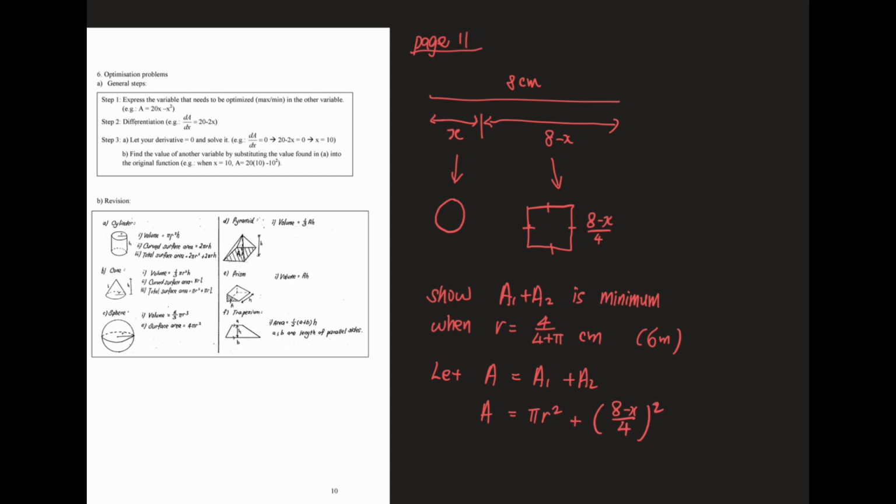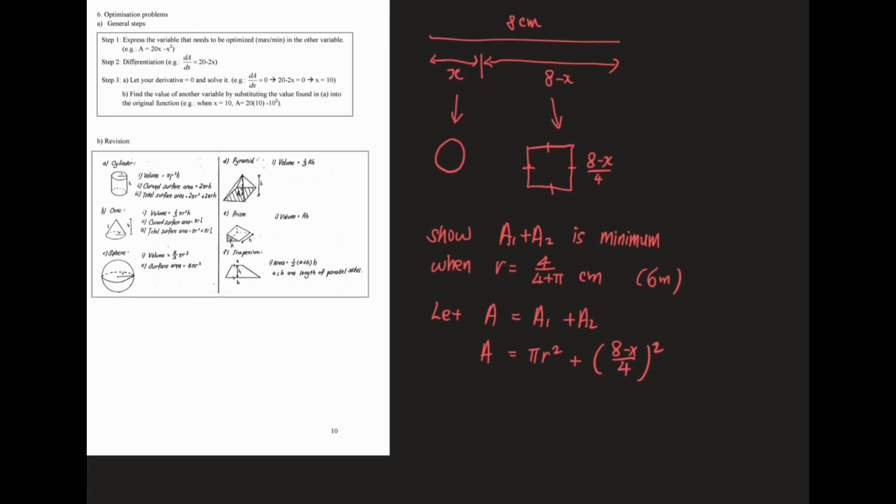Okay, now for the small circle just now, we know that the circumference is x. 2 pi r equal to x. So r equal to x over 2 pi. So we replace the r with x over 2 pi, then we square it.